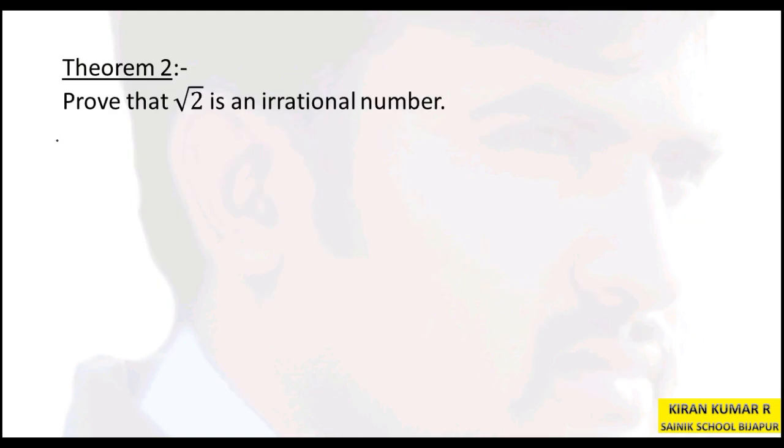The next theorem is: prove that root 2 is an irrational number. If you remember, in class 9 we used the long division method and expressed root 2 in decimal form, and we observed that the value of root 2 is neither terminating nor recurring, so it was considered an irrational number.